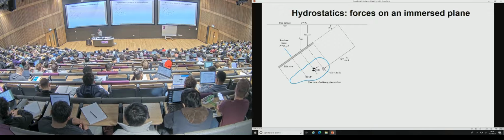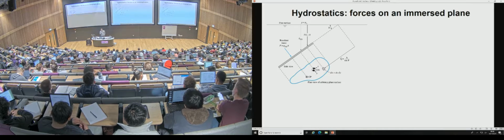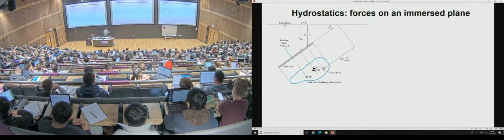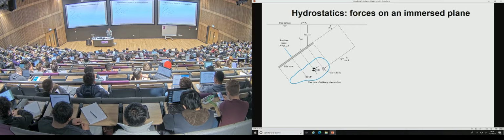Two things have changed that make it a lot more complicated. The first is that it's not vertical, it's inclined, so it's going to have a component of x and a component of y. The second is that it's not a shape that we have a reference value for second moment of area. It's an arbitrary shape.